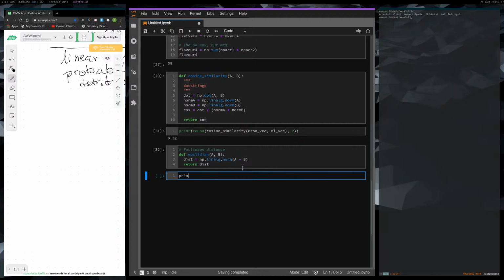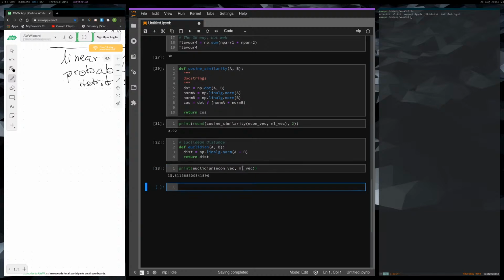But right now it's just a demonstration how easy things are when it comes to implementing word embeddings, and how easy it is for us to manipulate this, provided we have some background knowledge about linguistics and the mathematical implementation. So we have the Euclidean distance of, again, econ vector and ML vector. And we get our value.